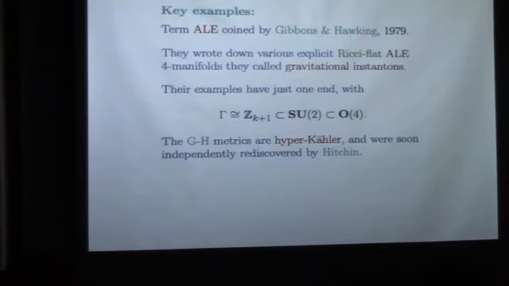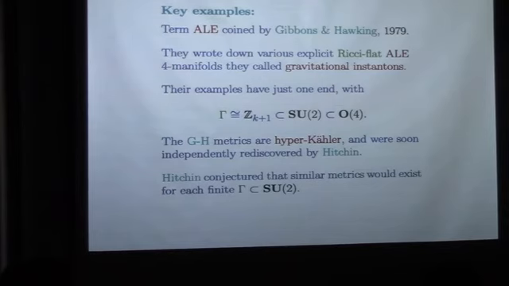Okay, so I told you before that Gibbons and Hawking had written down a lot of ALE metrics, which were actually, they didn't know it, hyperkähler. They concentrated on the fact they were Ricci-flat. When Hitchin found them independently, he was looking for things that were hyperkähler.